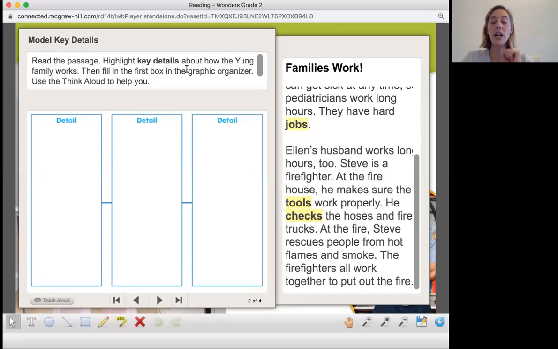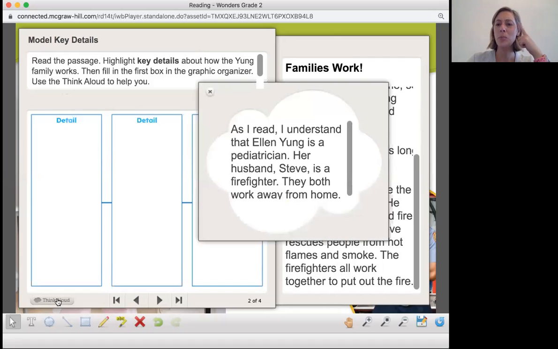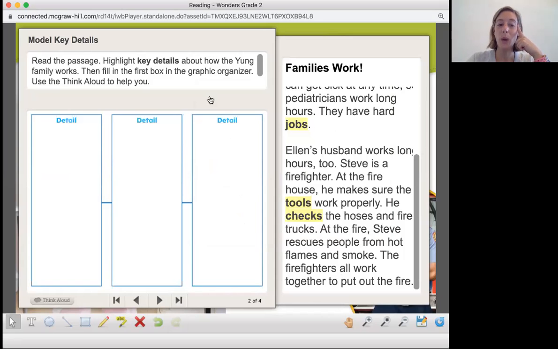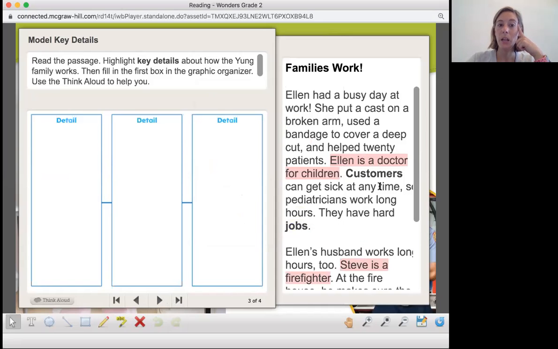Remember, we're trying to find key details, answering the question as to how the Young family works. So let's use a think aloud, where you're talking to yourself in your head. As I read, I understand that Ellen Young is a pediatrician. Her husband, Steve, is a firefighter. They both work away from home. We want to know how the family works.